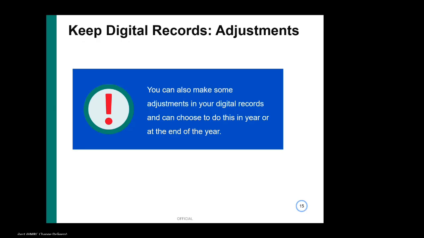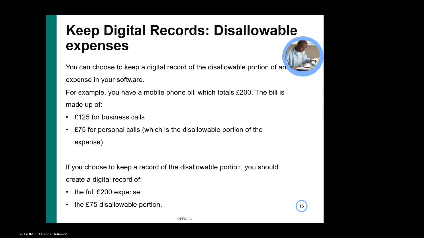You can also make some adjustments in your digital records, and you can choose to do this in year or at the end of year. You can choose to keep a digital record of the disallowable portion of an expense in your software. So for example, you have a mobile phone bill which costs £200.